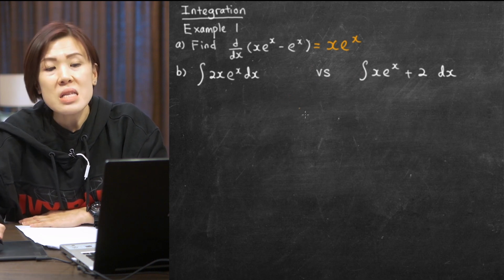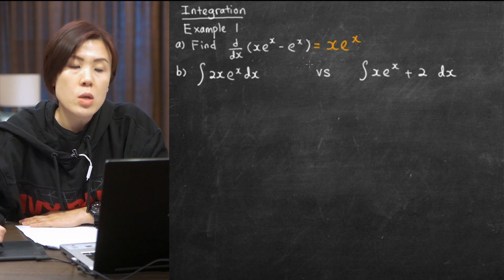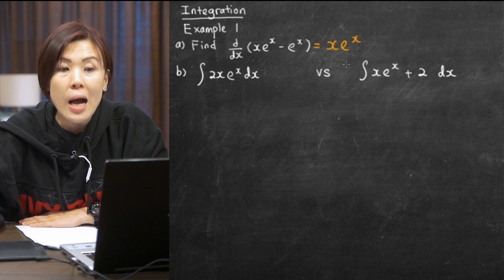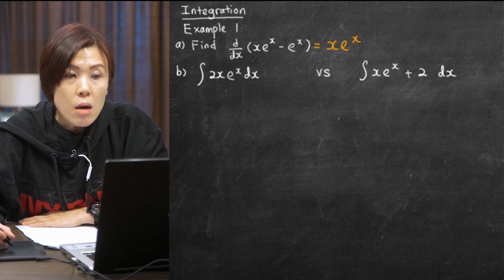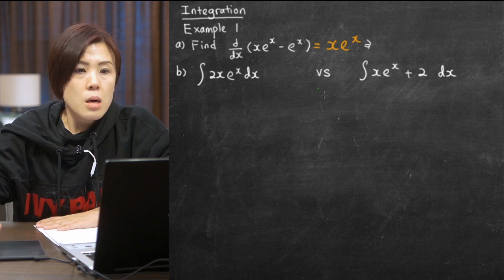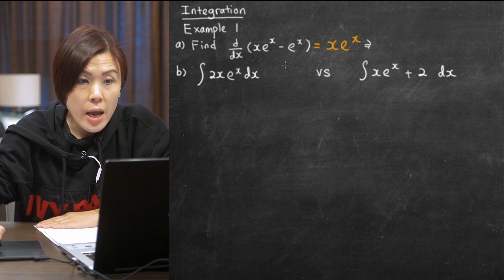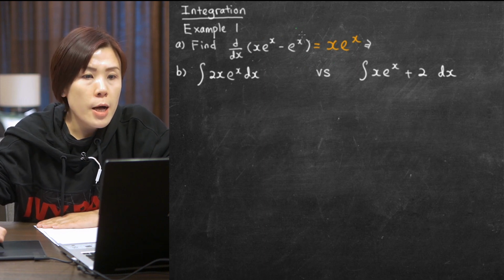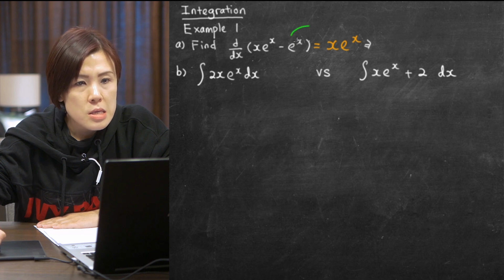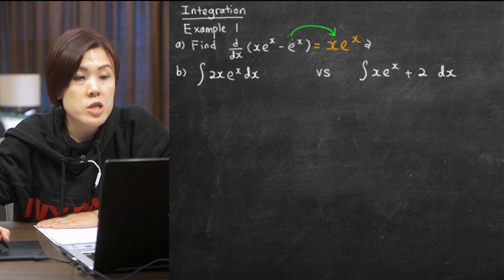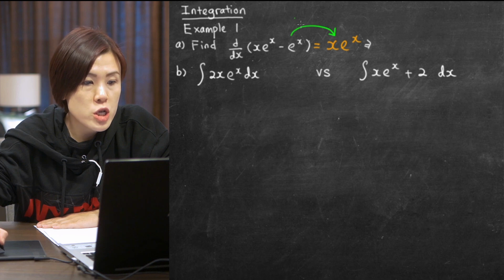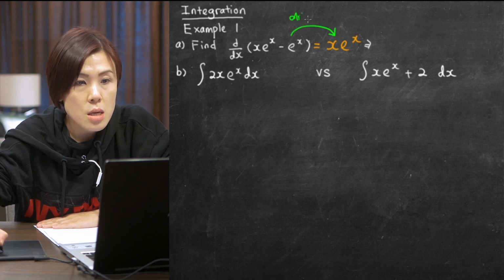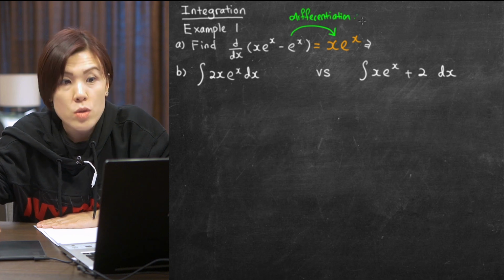But if you haven't learned integration by parts, we can actually use the result that we obtained from part A to get the integrations of part B. In order to use the result from part A, I will need to relate these expressions by using an integration sign. As we know, for the expression on the left side, when we do differentiation, we get xe to the power of x.